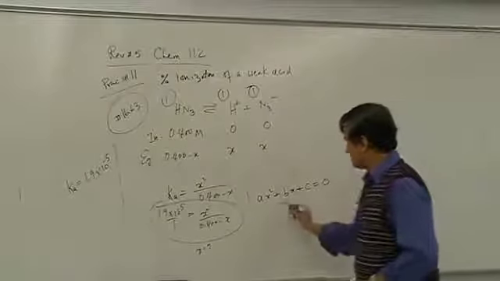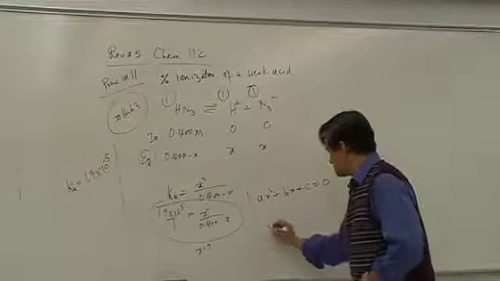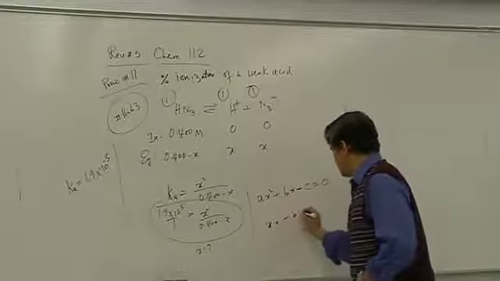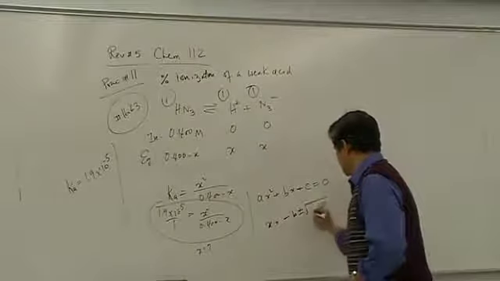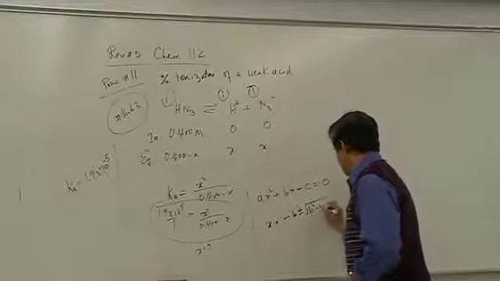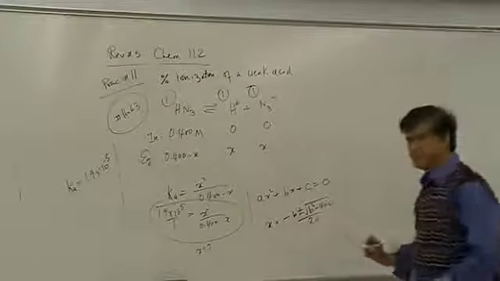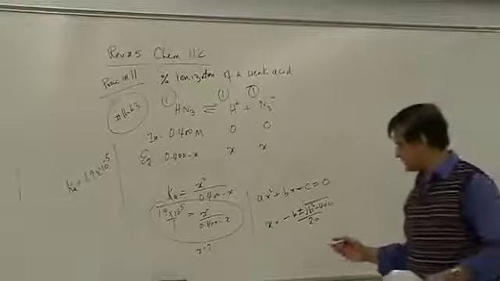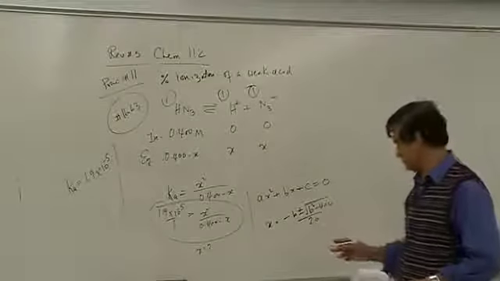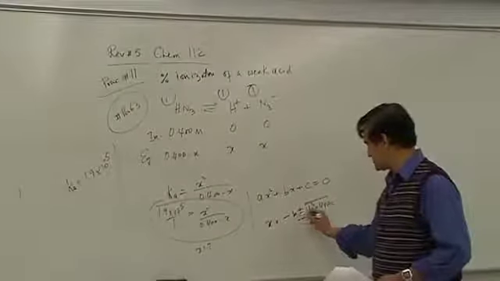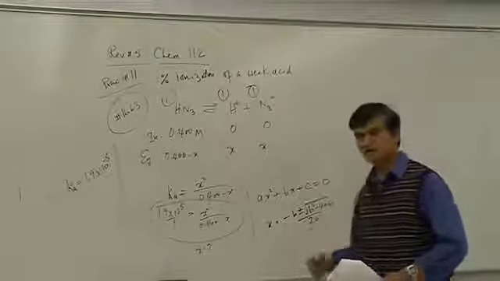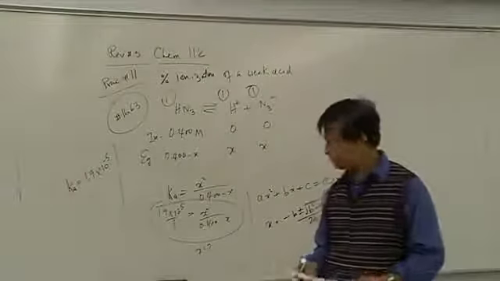And for this formula, there are two x values: minus b plus or minus the square root of b squared minus 4ac, divided by 2a. In chemistry, we would not deal with negative numbers, so just ignore the negative. So two minuses in here would not work because concentrations are always positive.